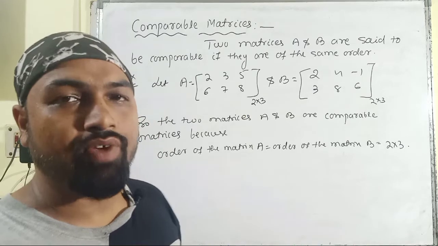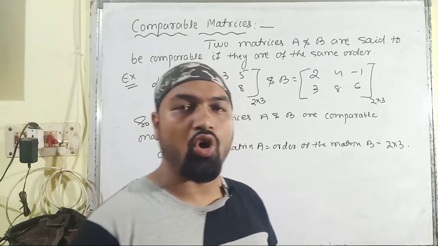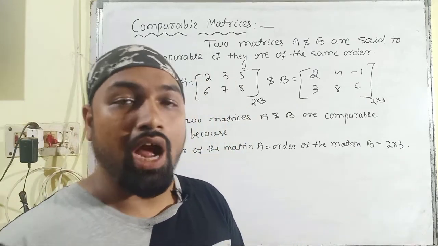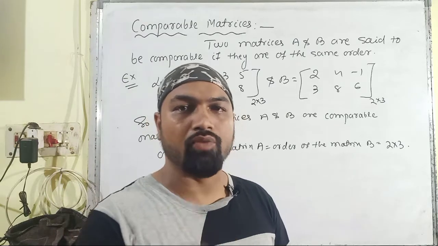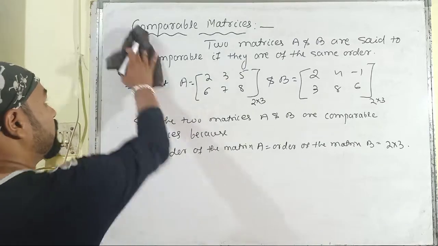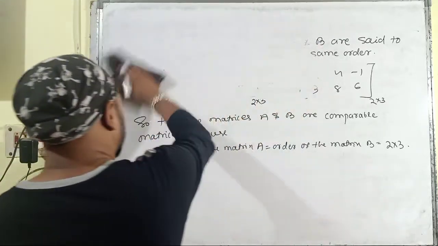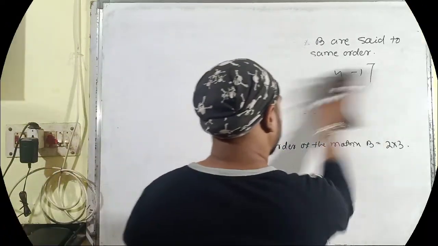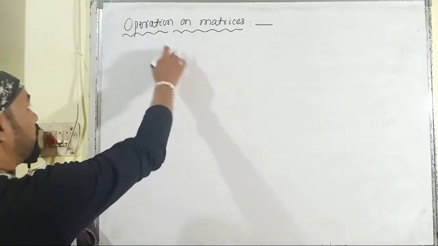After the completion of comparable matrices, let us discuss the operations on matrices, and we are going to discuss four types of operations on matrices. So let us discuss the operations on matrices.